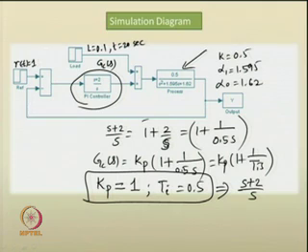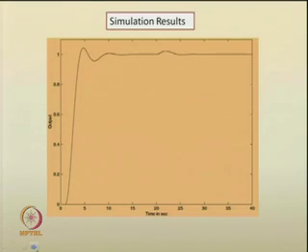So, what sort of output we will expect from this one when this is simulated? Definitely we will expect a quite satisfactory time response from the closed loop system.